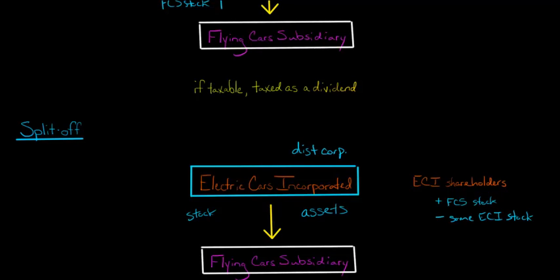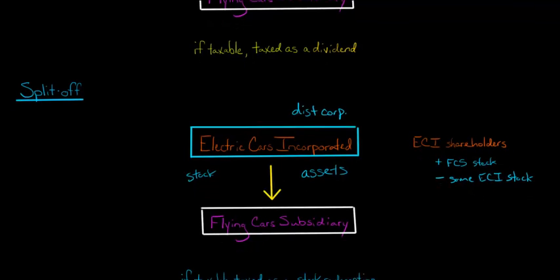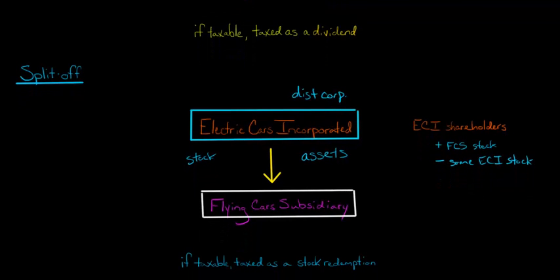Now, if this is taxable, and again, it doesn't have to be under Section 355 or 368, it could be non-taxable, you need to check the requirements. But if it were taxable, then it's going to be taxed as a stock redemption, not a dividend. It makes sense if you think about it. These ECI shareholders are giving up some of their current stock in order to get stock in this subsidiary.